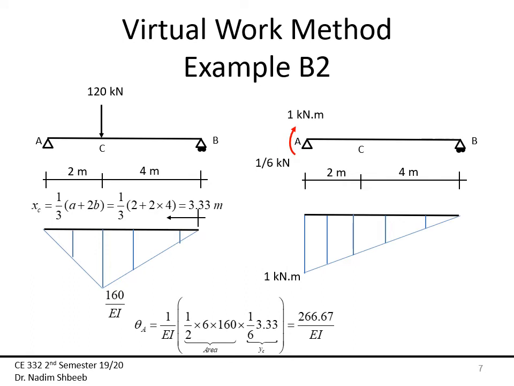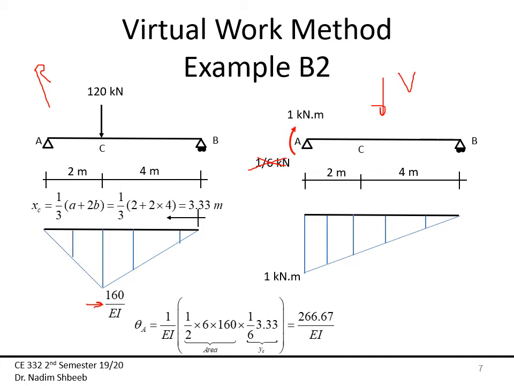Now, instead of an integration, I have another technique, and this is totally left up to you. Some people like it, some people don't. Instead of using the integration, we draw the moment diagram for the real system, and we draw the moment diagram for the virtual system. The moment here is just 120 times 2 times 4 over 10, which we usually call PAB over L. So this is 160 over EI, and this moment here simply is 1 kilonewton meter.